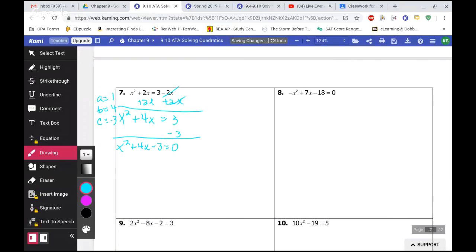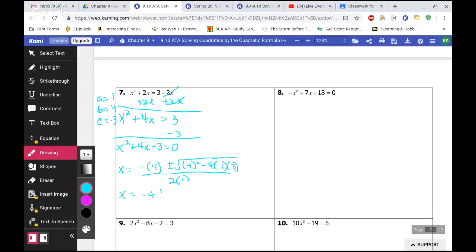So now I'm going to plug that into the quadratic formula. So the opposite of 4 plus or minus the square root of 4 squared minus 4 times A times C, all over 2 times A.